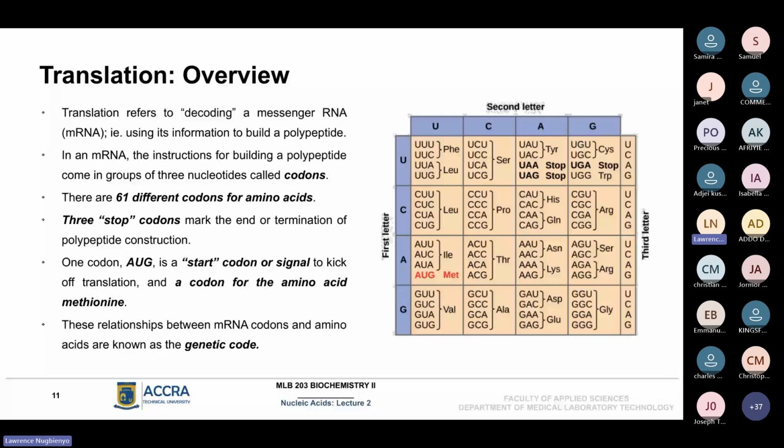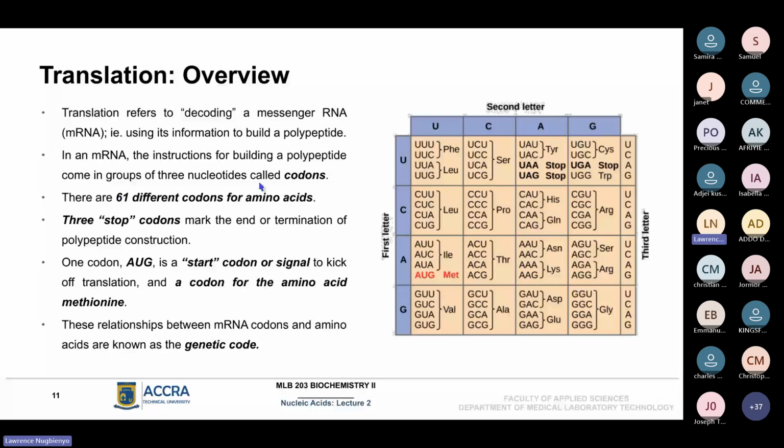So if you are having 64 codons in all of these genetic coding, and you are having 3 that are not coding for any amino acid at all, it means that it is only 61. So only 61 codons code for different amino acids.